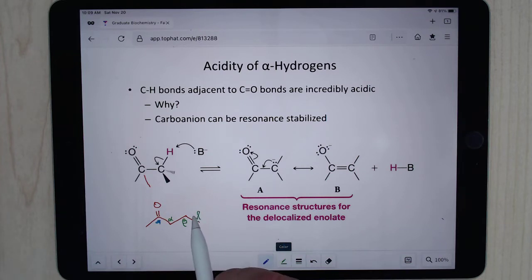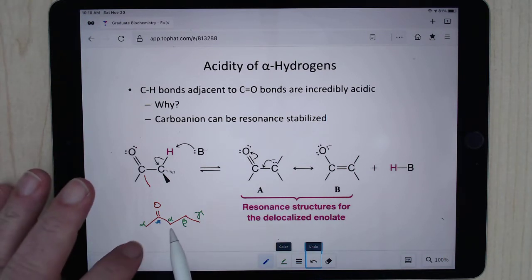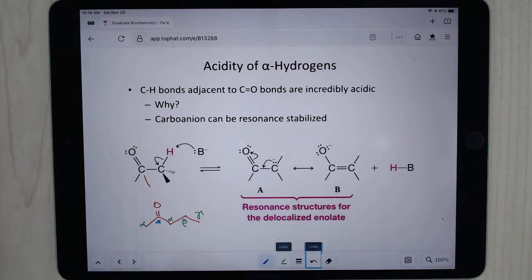Was it gamma? Gamma and delta and whatnot. So this would also be an alpha over here, something like that. And so going out. So that's why it's called an alpha hydrogen, because it's one carbon away. And apparently we really like our Greek and Latin terms in our science.